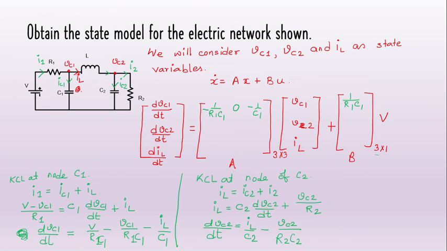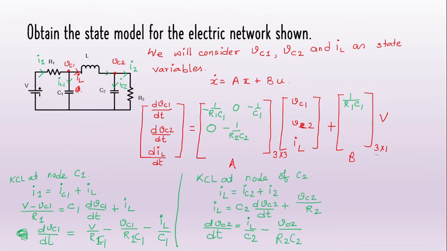Now what do I have to write? There is no element associated with VC1, so it will be 0. Next, what is the factor for VC2? It is minus 1 by R2 C2.